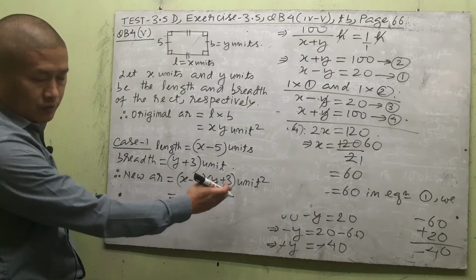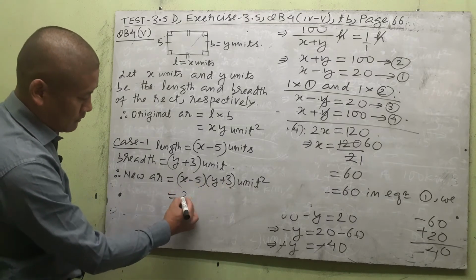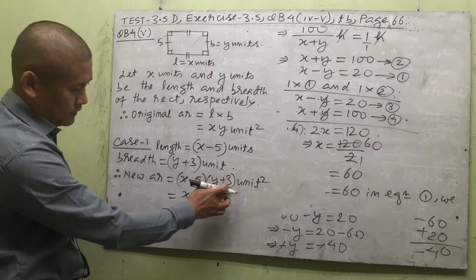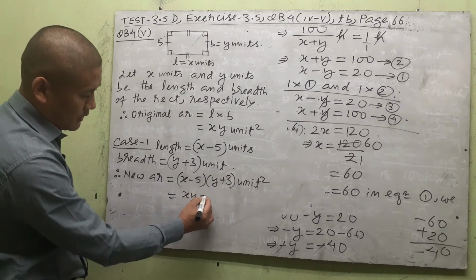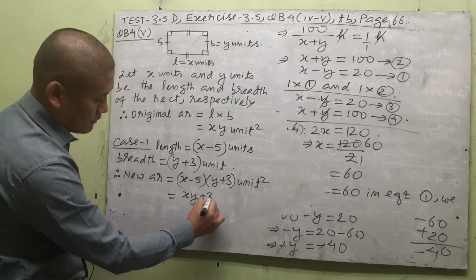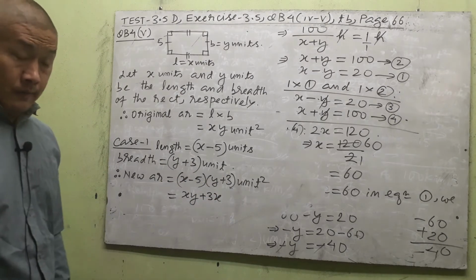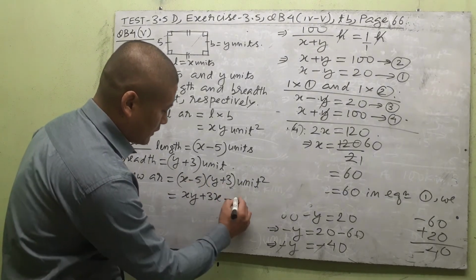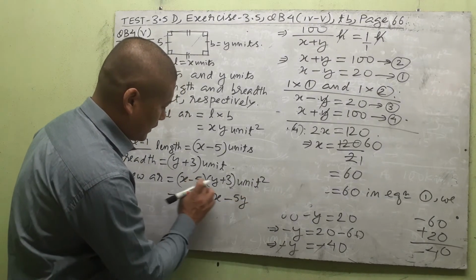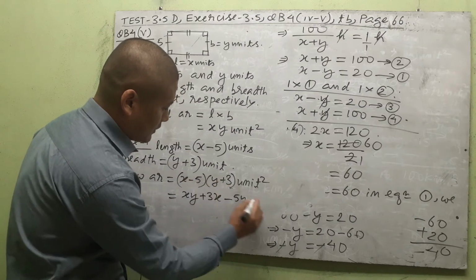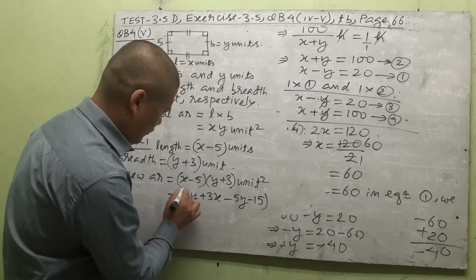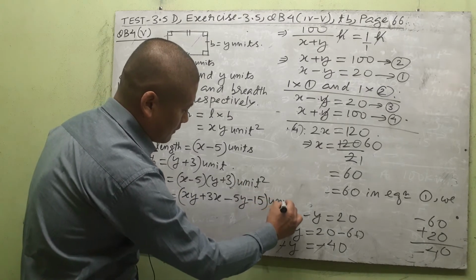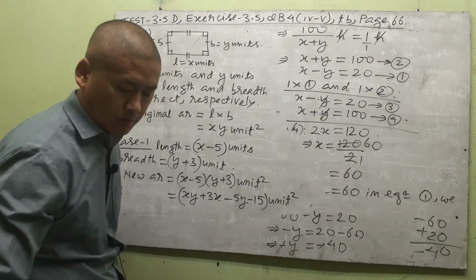Let's multiply this to make it simpler. x into y is xy. Then x into 3 is 3x. Then minus 5 into y is minus 5y, minus 5 threes are minus 15. We put a bracket because there are 4 terms here, and at the back the same thing, unit square.